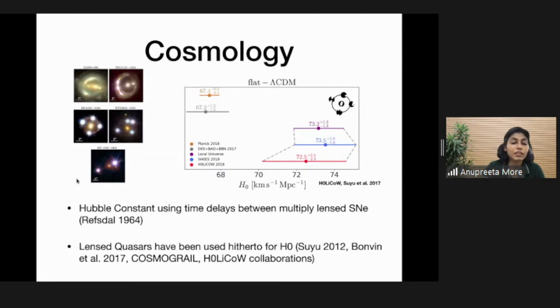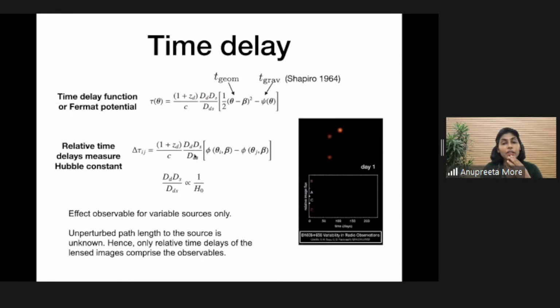Because, let me just show the slide for the time delays. If you want to measure cosmological parameters, if you look at this lens equation, then time delays, which are on the left hand side, are the observables. We need to measure these very well, but then we also need to quantify this component, which depends on the lens model itself. So if we get a good hold over this quantity and the time delays on the left, then we are able to measure these cosmological parameters very well via the angular diameter distances.